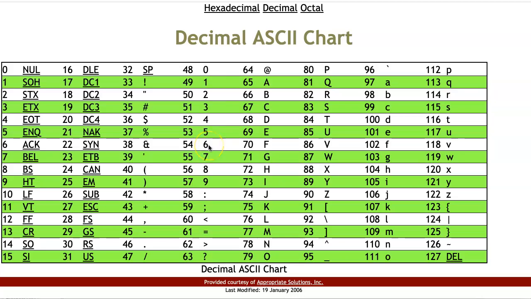But if we know that we need to treat that pattern as a character, then we would need to make sure that the pattern is a 54, because to the computer that would output a symbol that we would read as 6. If the internal pattern was actually the pattern for the value of 6, it would be over here in one of our non-printing characters that would send a code for acknowledgement.